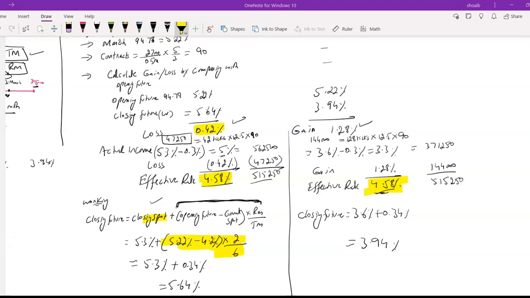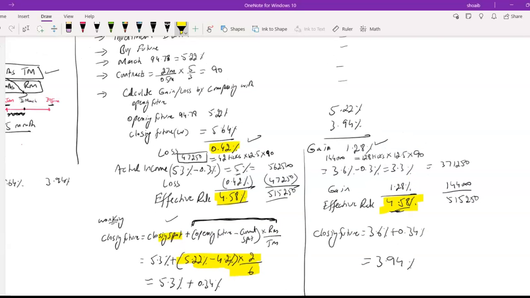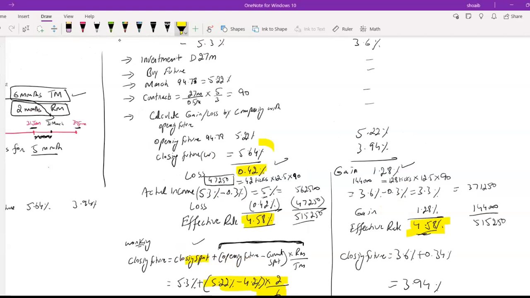in future contract, there can be a basis risk. So what is basis risk? You have predicted that closing future is 5.64. You have predicted that closing future can be 3.94. But in reality, future price can be different.